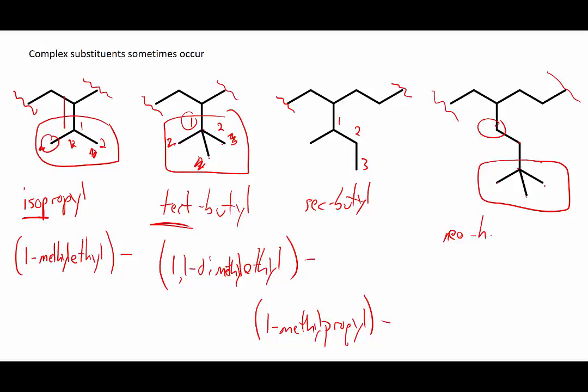This is a neohexyl group. And again, neo doesn't count for alphabetizing, and neither does sec. If we wanted to name this systematically, we number the carbons. 1, 2, 3, 4. This is a butyl. And there are 2 methyl groups coming off of the 3. So this is 3,3-dimethyl butyl.